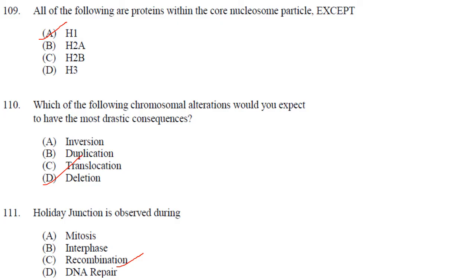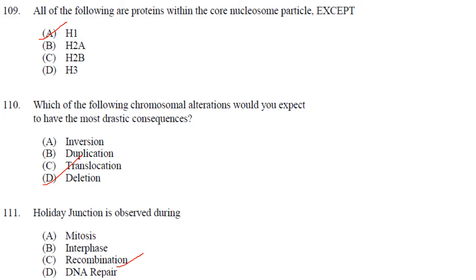Which of the following chromosomal alterations would you expect to have the most drastic consequences? Answer is deletion. Why? Because deletion results in a frame shift mutation that changes the reading of subsequent codons and therefore alters the entire amino acid sequence that follows the mutation.